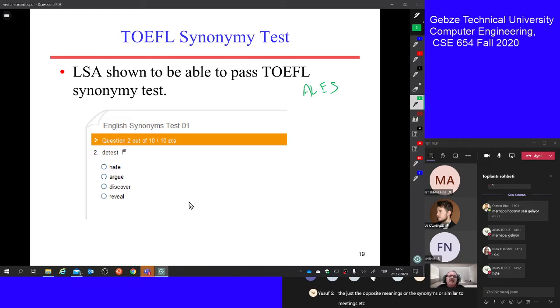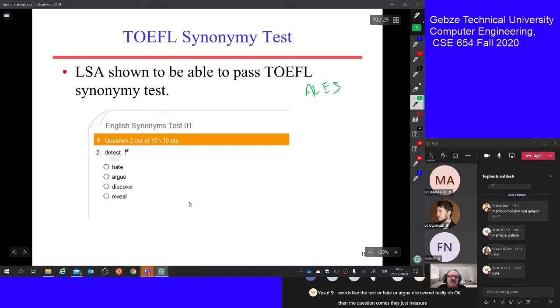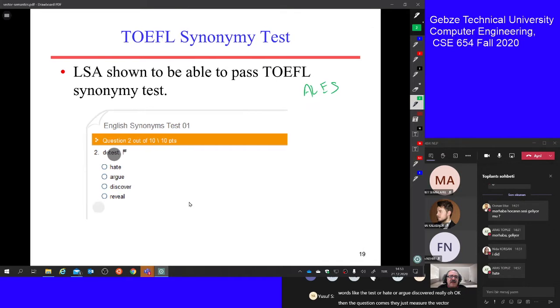So they did whatever I mentioned to you. They took the Wikipedia dump for English and formed the vectors for all the words like detest, hate, argue, discover, reveal. When the question comes, they just measure the vector difference between this one and all the other choices.